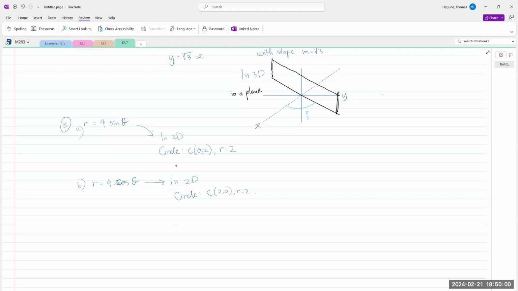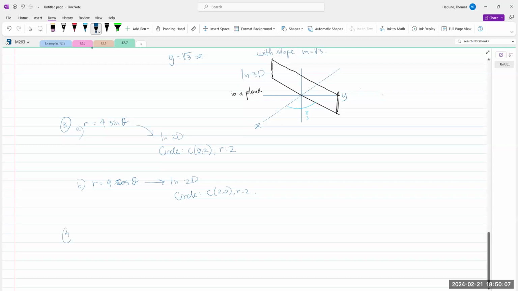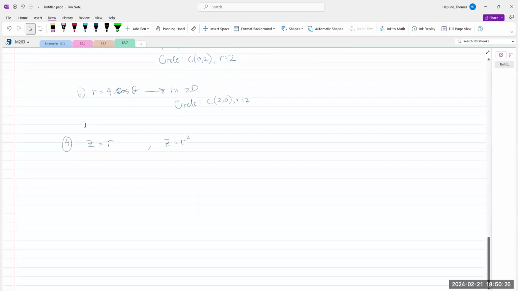Okay, another one may be useful. Actually, no, it will be useful because we see this a lot later on. How about z equals r, or z equals r squared? Now, I did explain this when we did quadric surfaces, so this will be helpful if you know this.